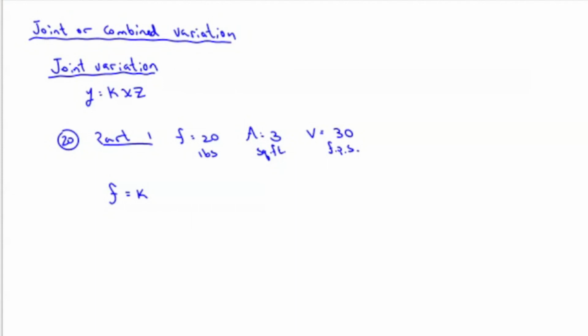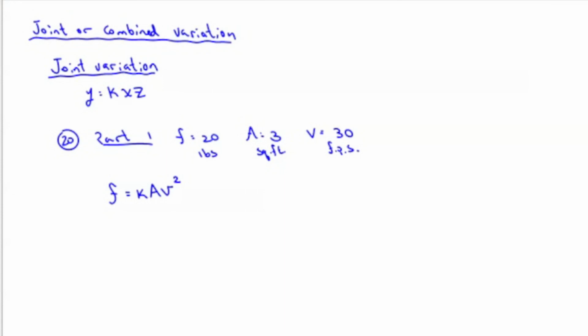So the product of area and the square of the velocity. What do I write? No, not numbers. Format. F equals K times A V squared, because it says it's the square of the velocity.